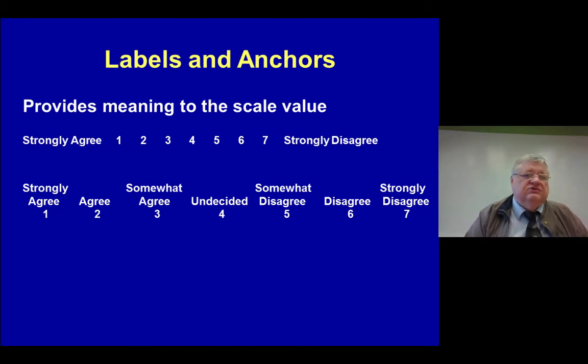So researchers who are heavily involved in survey design like to put labels to each of the values. For example, you can use strongly agree to strongly disagree, but my 4 may mean something different from your 4. You may not see that as a neutral point. Versus the bottom example there, where everything is clearly labeled and I understand what a 4 means, what a 3 means, what a 5 means.